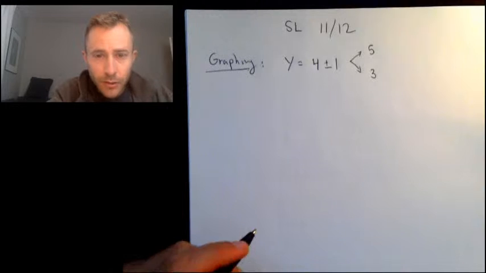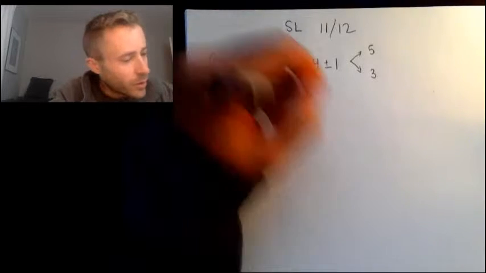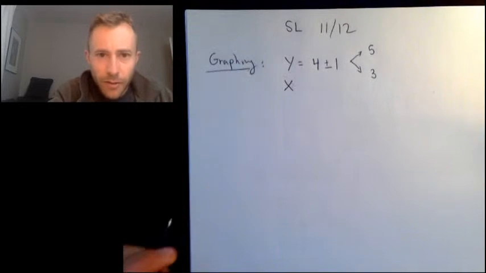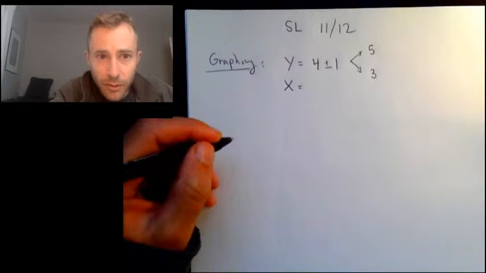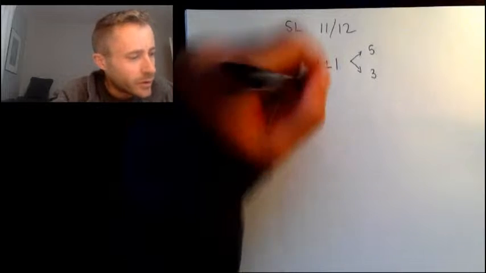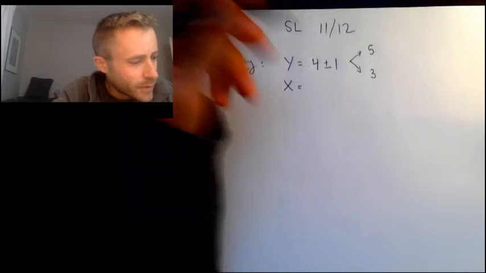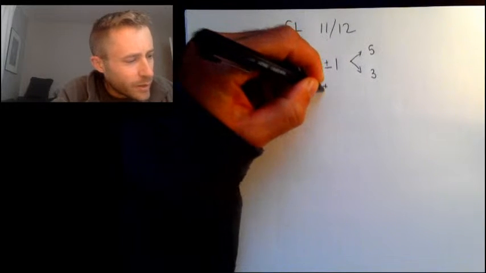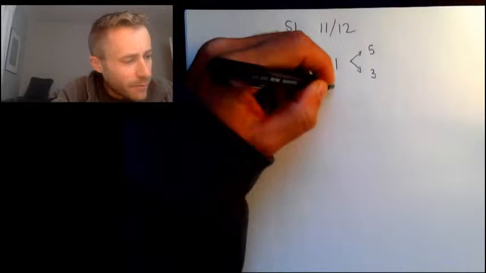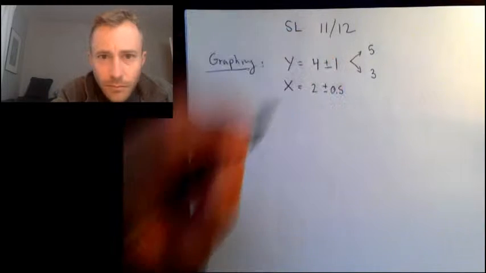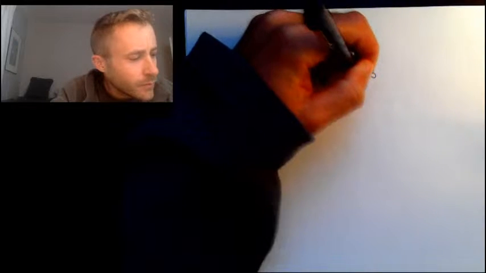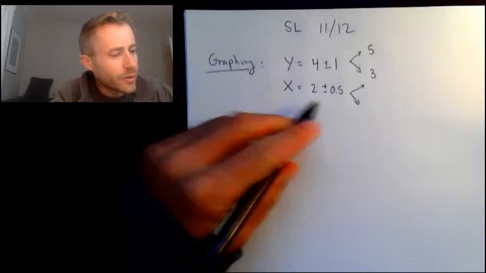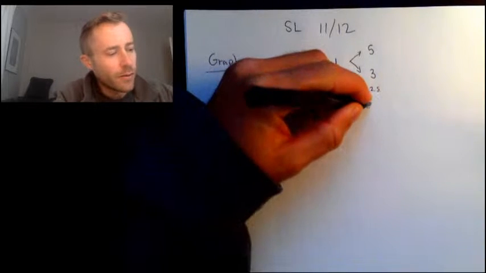What if I have an uncertain value of x, which is maybe 2 plus or minus 0.5? Then that means that x is somewhere between 2.5 and 1.5.